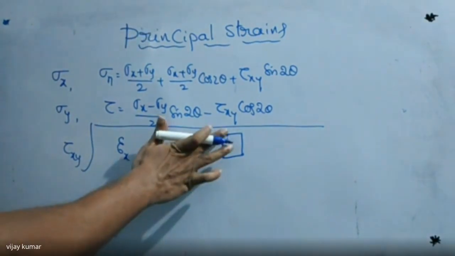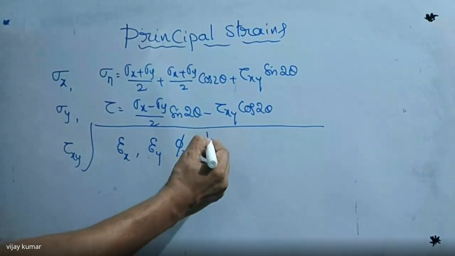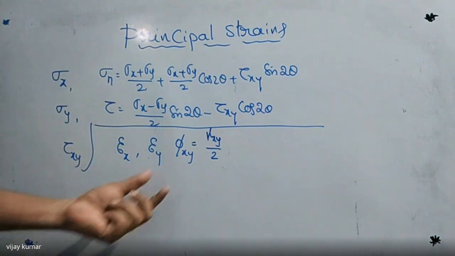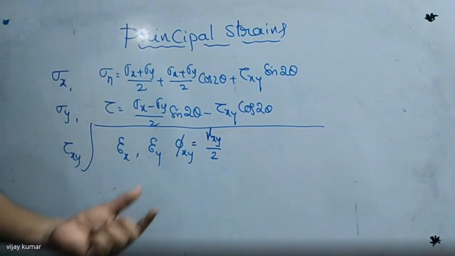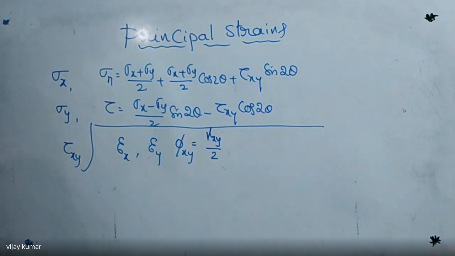The tangential strain is always equal to half of the shear strain, that is gamma xy by 2. So in place of phi xy, we substitute gamma xy by 2.